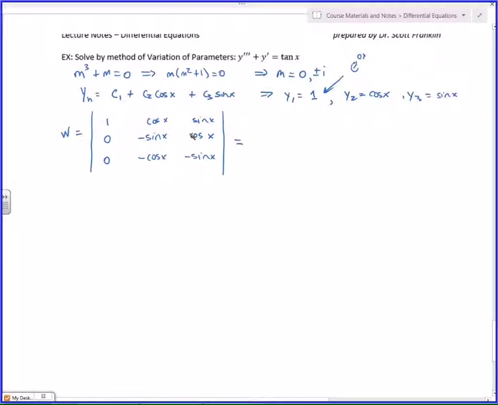Now you can either use a shortcut for 3x3s, which is all the forward diagonals minus all the back diagonals. In my mind, what I'm seeing is the cofactor expansion we learned in linear algebra. It's the fastest way to do this.